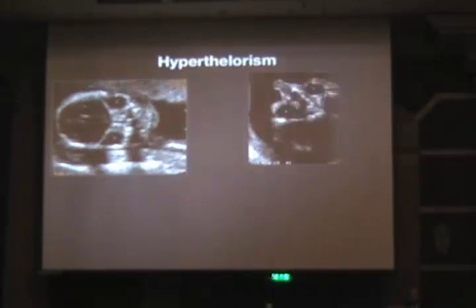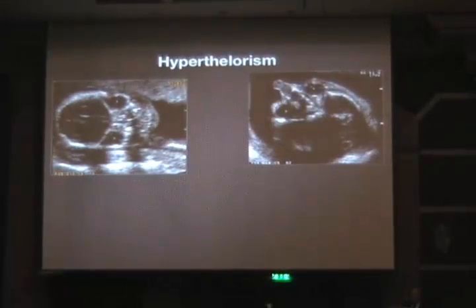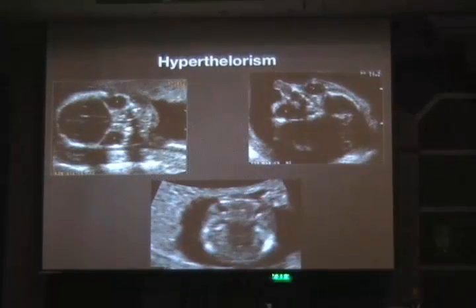At 22 weeks, you have to measure between 10 and 12 millimeters, the diameter, and at 32 weeks, it's more than 15 millimeters. You see here that you can put more than one eye between the two eyes. Here you can put at least 3 eyes, and especially you also have microphthalmia. It was a trisomy 13.